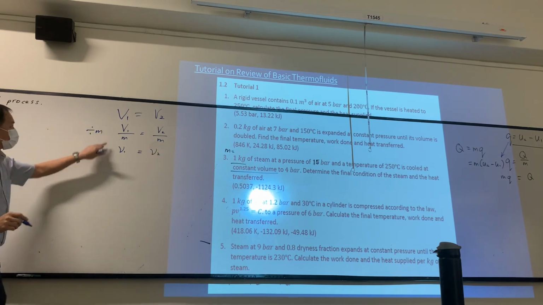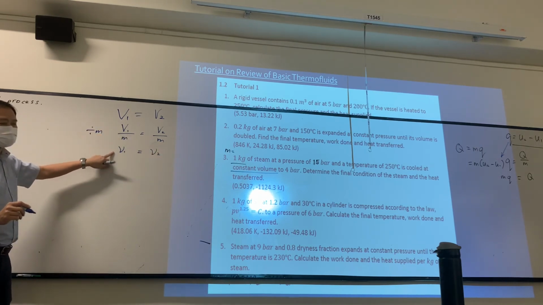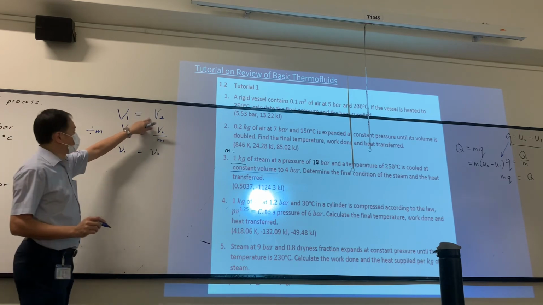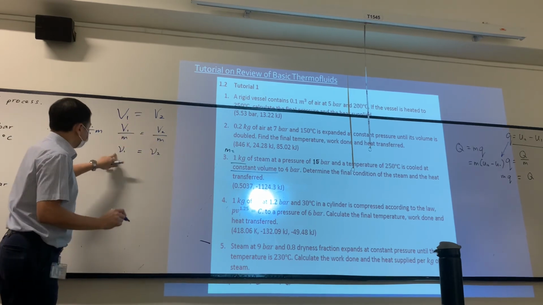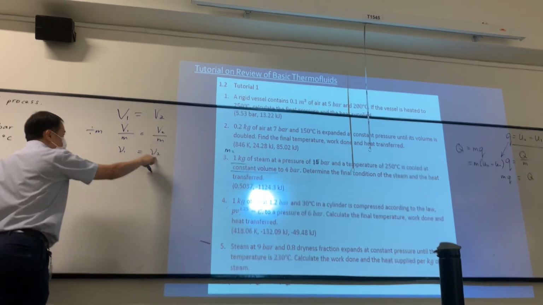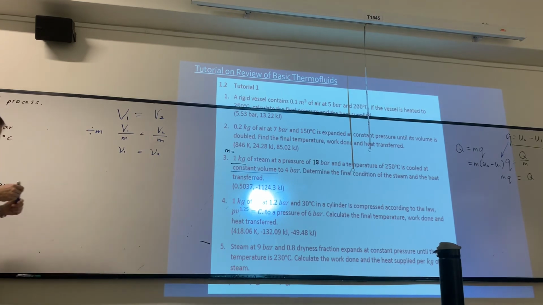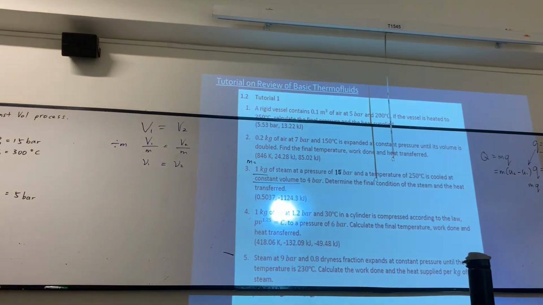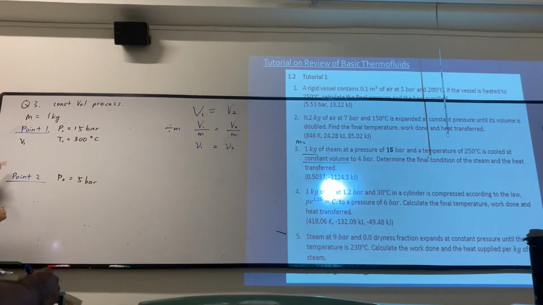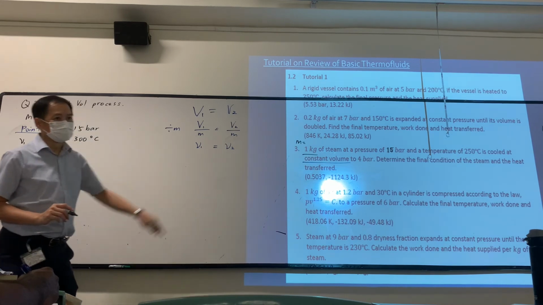Capital V divided by m gives small v. So is the specific volume also the same? What does it mean? If you find your specific volume at point 1, this value is also the same at point 2.